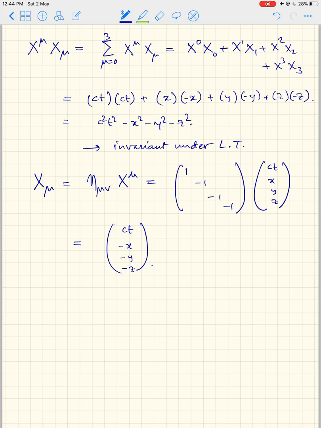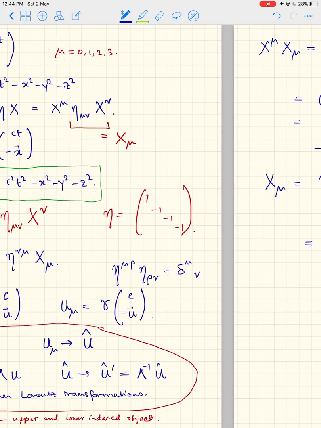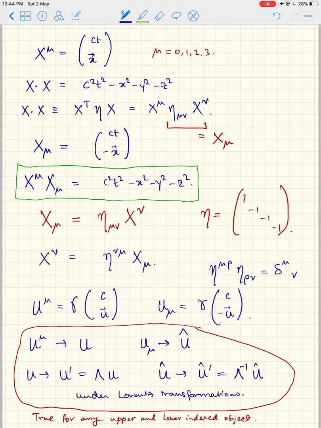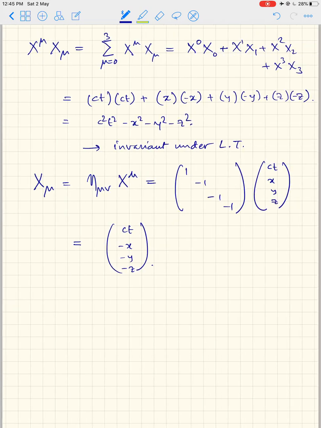Very simple. Now, the second thing that I was trying to show you was eta. If we had something which was upstairs, it can be multiplied with an eta mu nu which is upstairs and x mu which is downstairs. So let me try and show you this as well. So eta inverse. What is eta inverse?